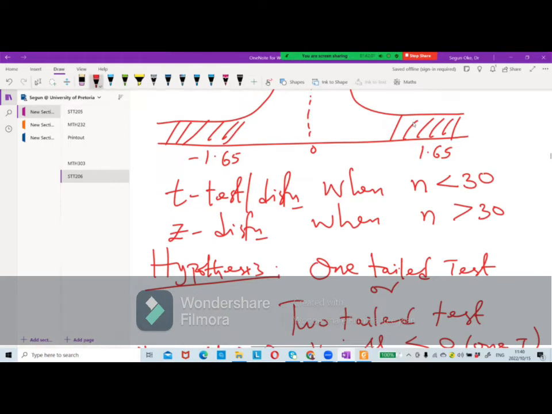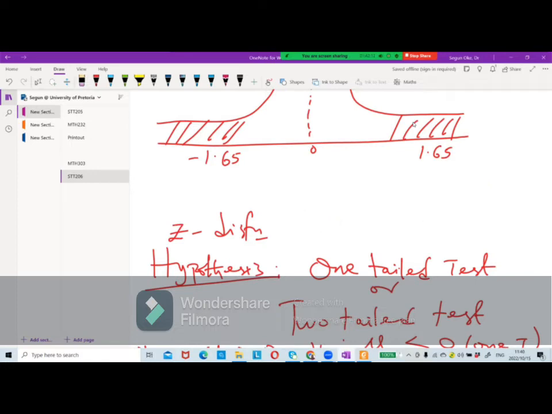Where do you think minus will be? Out of the two sides. On the left side. You can see now. That is where you plug it to. So it's going to be here. Minus 5.06. Let's say. That is our Z calculated.